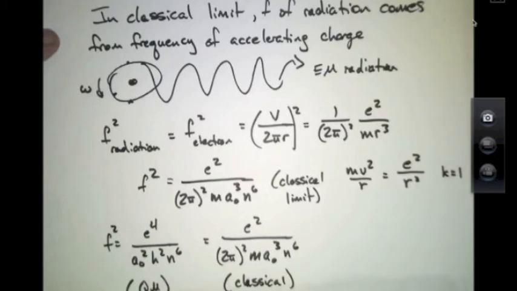Setting these two things equal, as we have, we now find that we can eliminate the integer n, which is n to the 6th in both terms.